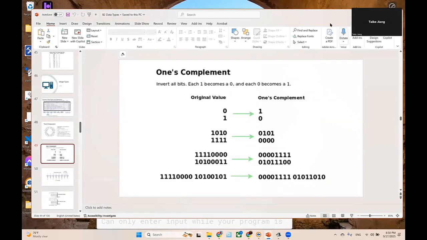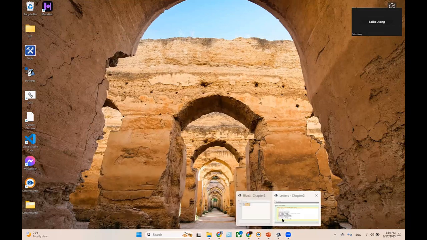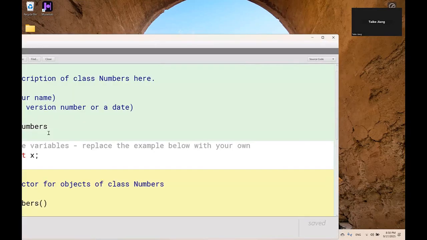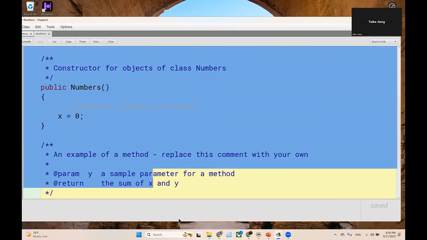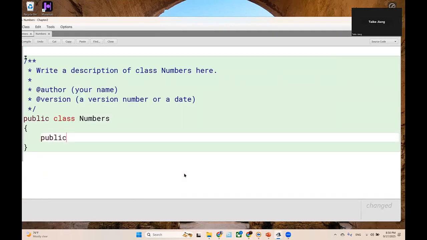Now let's go back to the computer. You need to speed up, okay?